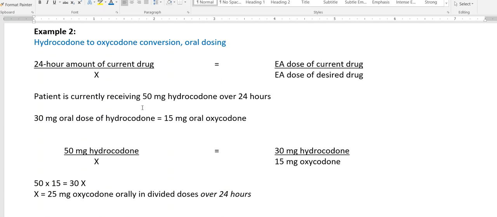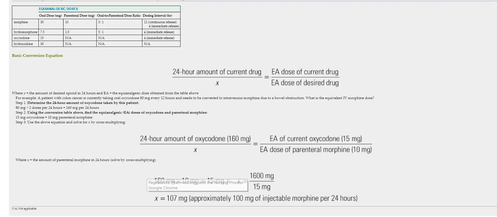And the patient is currently receiving 50 milligrams of hydrocodone over 24 hours. He's taking oral hydrocodone, probably along with acetaminophen because it's usually combined, in divided doses, maybe 10 milligrams every approximately 4 to 5 hours.